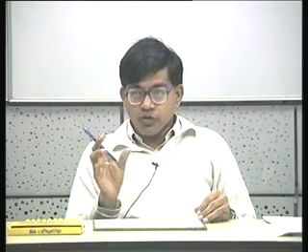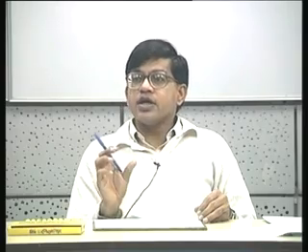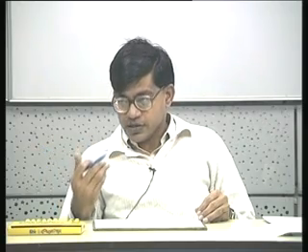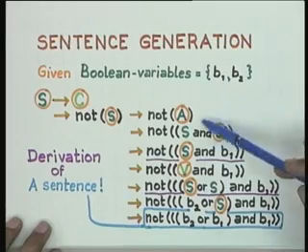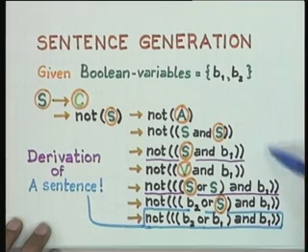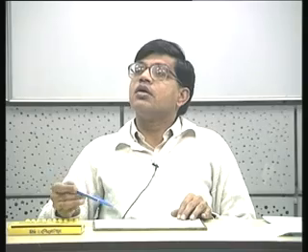Because of the context freeness of the grammar, there is an independence at an intermediate stage between the various non-terminals that you can choose to replace, right. So there is nothing sacrosanct about this or this derivation. We could have got another derivation by just applying the same productions in a different order.